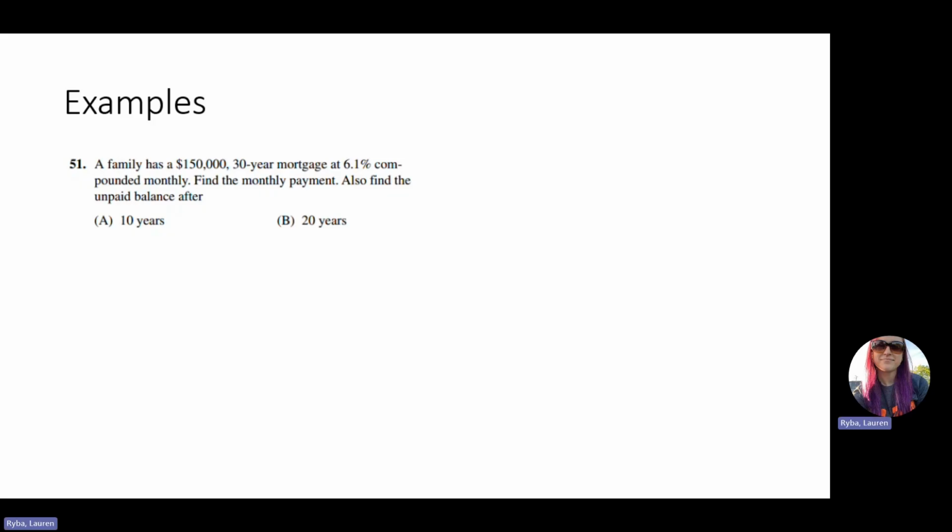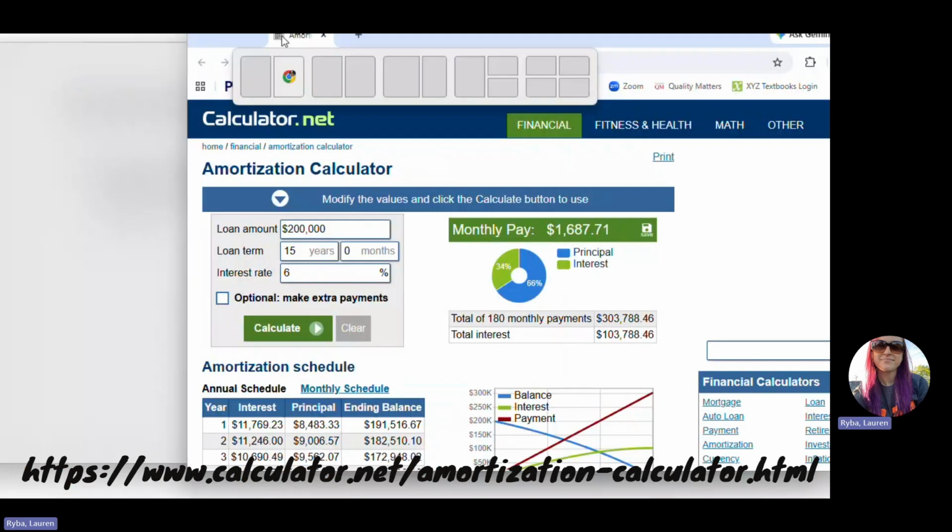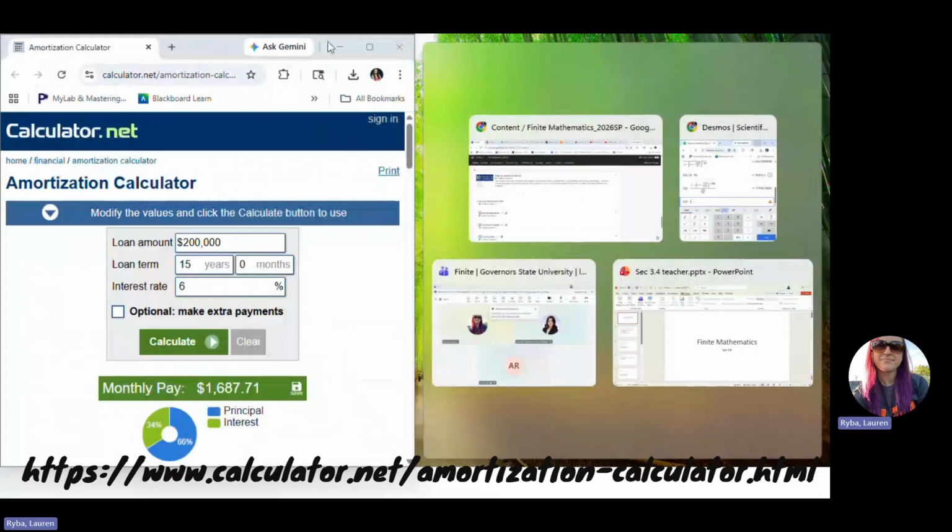So in our week 14 folder, I have the first link under there. It says loan amortization table. And it takes you to this lovely guy here.